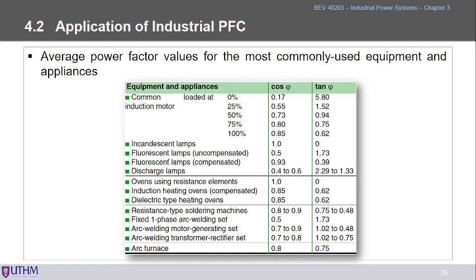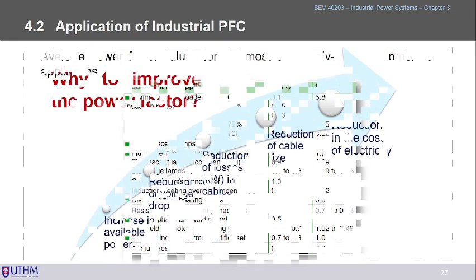If we are still using fluorescent lamps, you can experience 0.5 to 0.93 after compensation. And normally in the production line we use discharge lamps, which have a very low power factor of 0.4 to 0.6. Nowadays we are trying to replace the discharge lamps with LED applications.